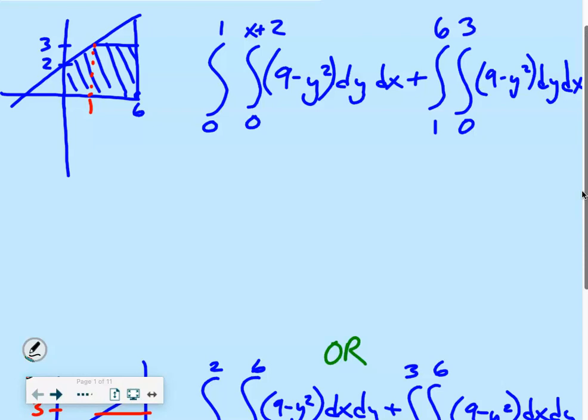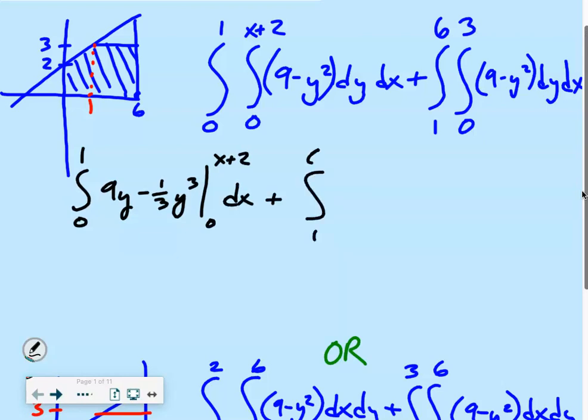So for the first one, we're going dy. We have the integral from 0 to 1 of 9y minus 1/3 y cubed from 0 to x plus 2 dx, plus the integral from 1 to 6 of 9y minus 1/3 y cubed from 0 to 3 dx.